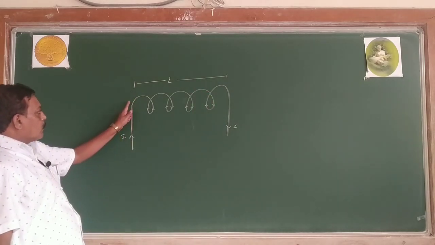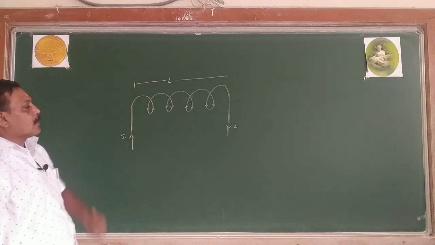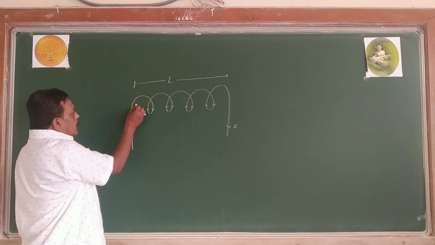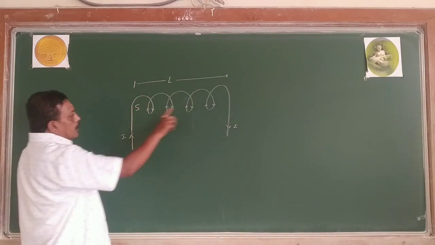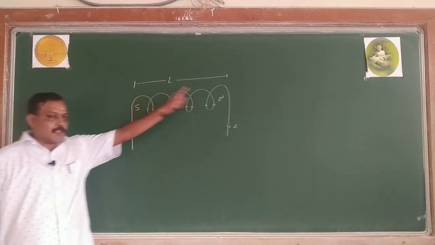One face of the solenoid acts as a south pole and another acts as a north pole, here clockwise. Hence we can say that a current carrying solenoid acts as a bar magnet.